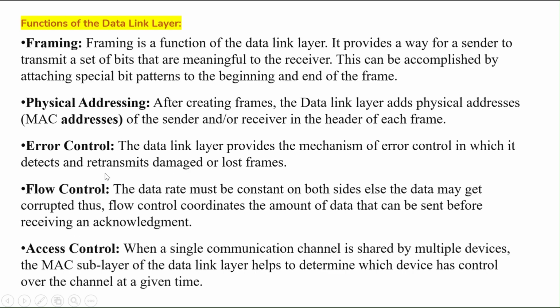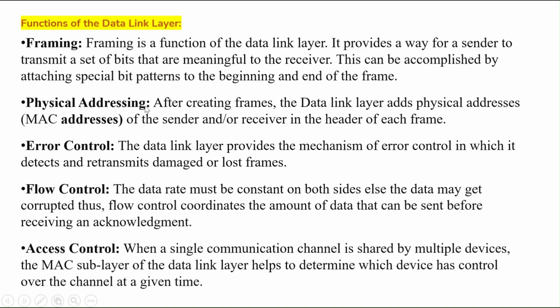It is controlling the errors, and it is controlling the flow, for acknowledged messages or overloading. Access control: when a single communication channel is shared by multiple devices, the MAC sublayer of the data link layer helps to determine which device has control over the channel at a given time.